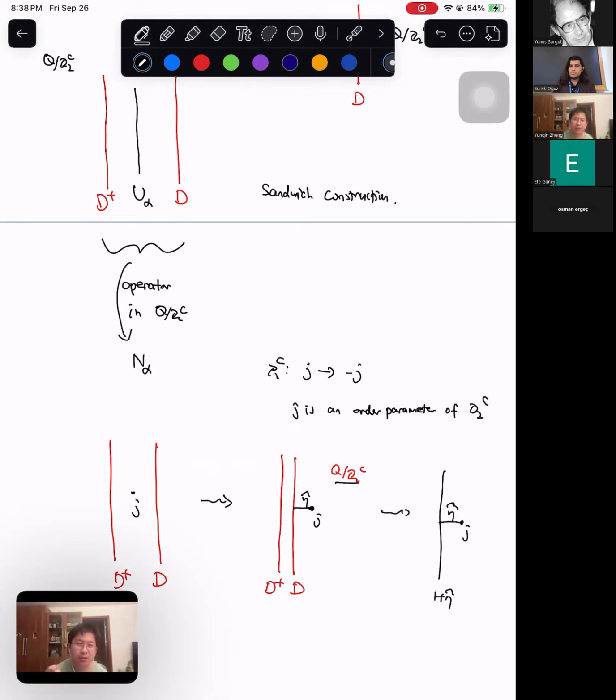symmetry. But as you can see, this construction can be generalized easily to many other cases, right?